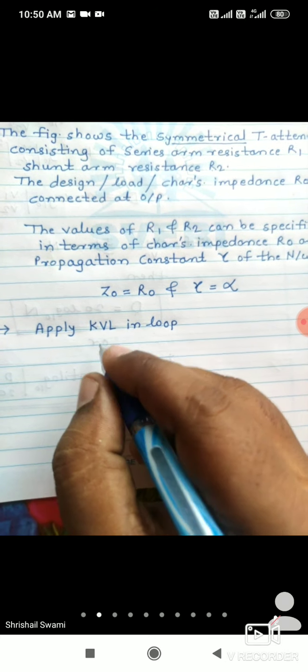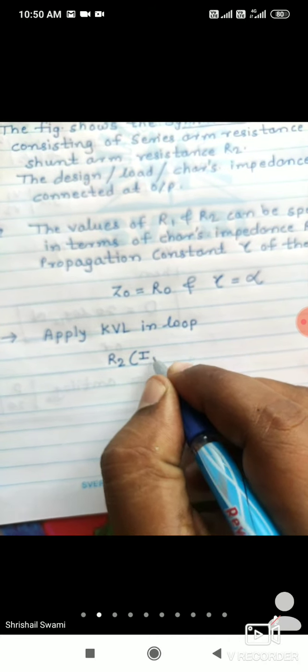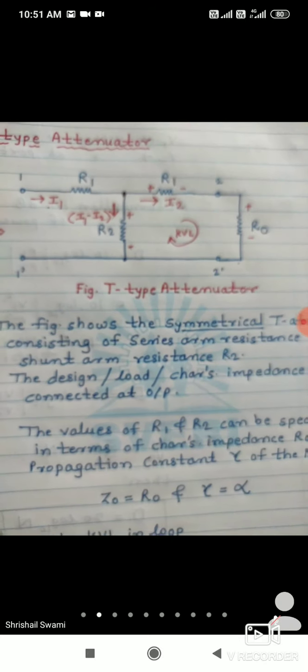Minus to plus. जेव्हा असतो तेव्हा plus. Okay. So R2 into what is the current value here? I1 minus I2. That will be R2 into I1 minus I2. Why is it plus? Because minus to plus is there.